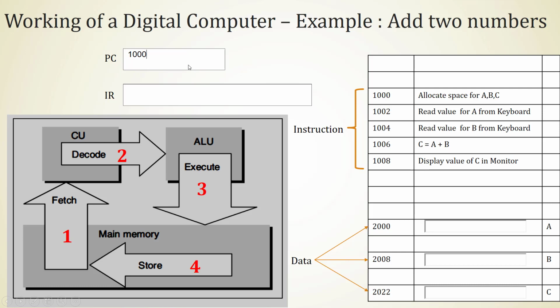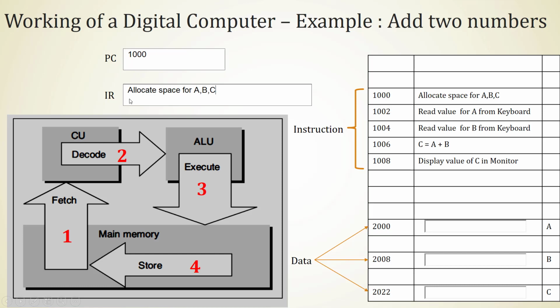Next, with the help of this memory operation, with the help of the MAR and MDR registers, the instruction in that location will be stored in the IR. The instruction in that location is allocate space for ABC. So that fetch operation is completed.